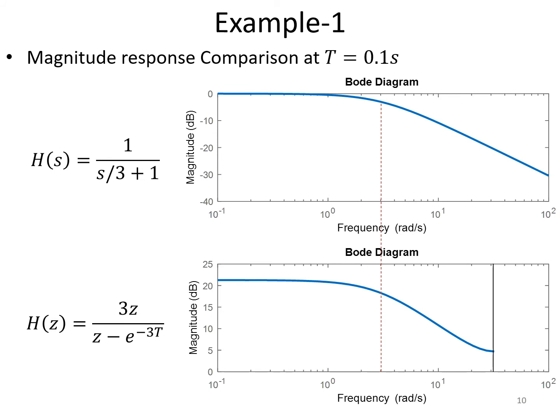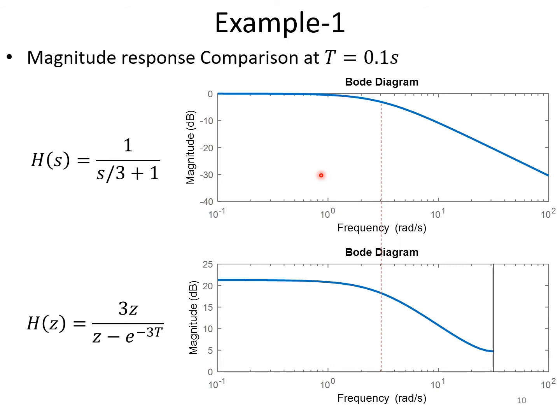Now if we plot the frequency response of the filter, this one is the analog one and this one is the digital one, and you can see that this is the cutoff frequency, which is 3 radian per second, and this is the 3 dB bandwidth. So you can see that the approximation is good, and we have an almost similar frequency response.